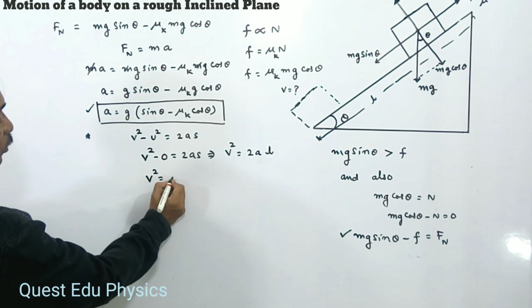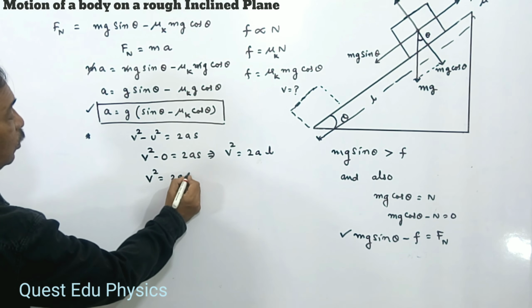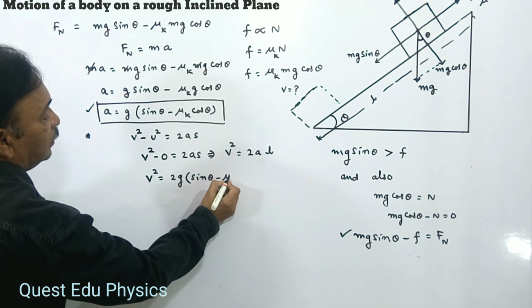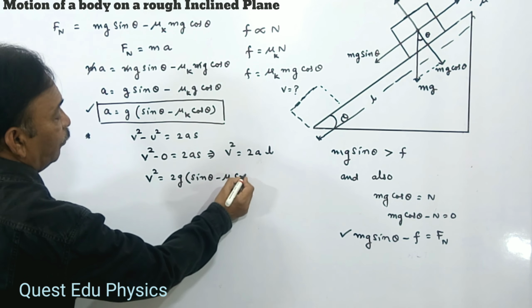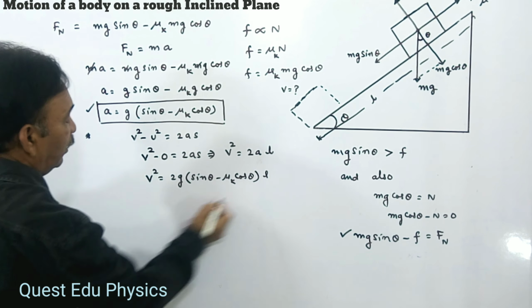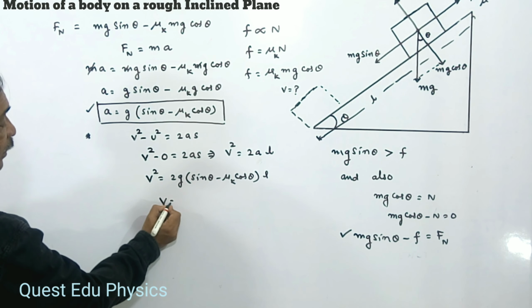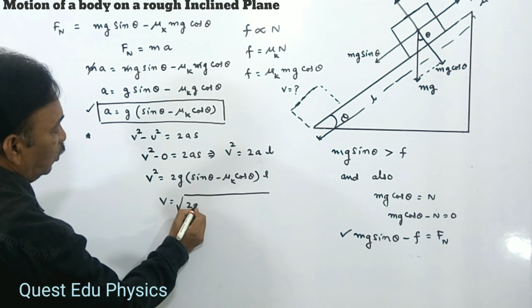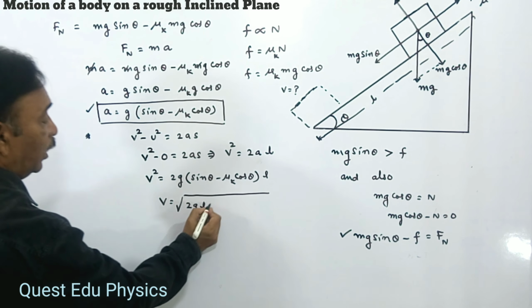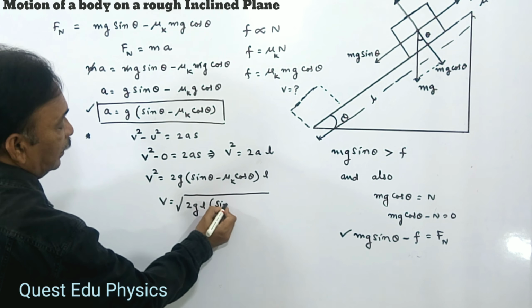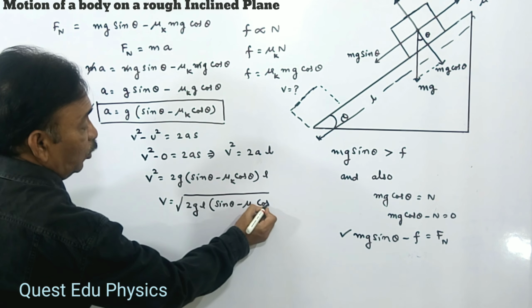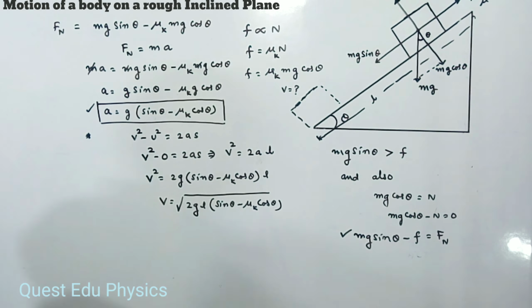v square is equal to 2 into g into sine theta minus mu k cos theta into L, or v is equal to under root of 2gl into sine theta minus mu k cos theta.